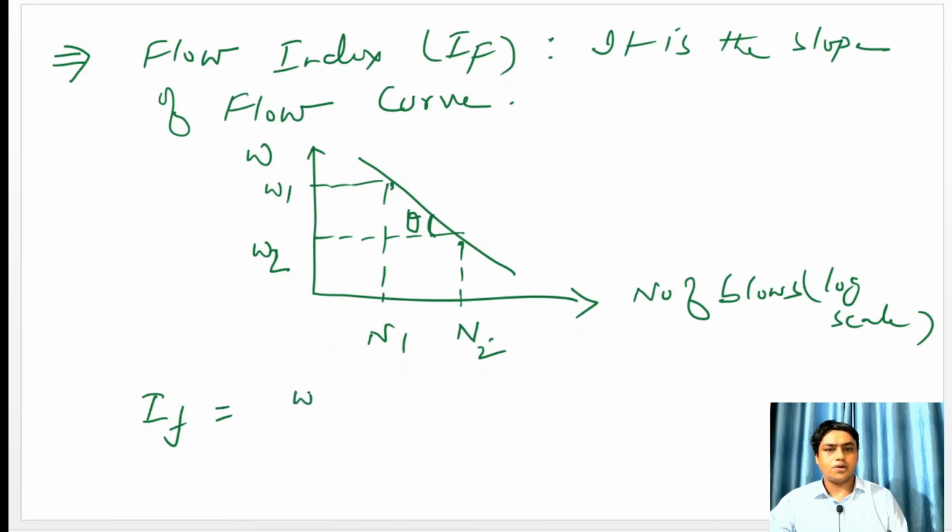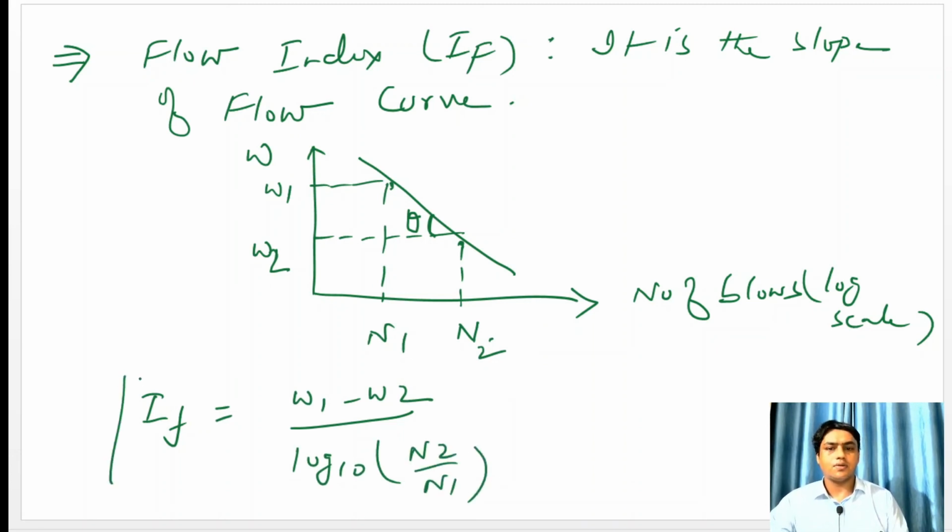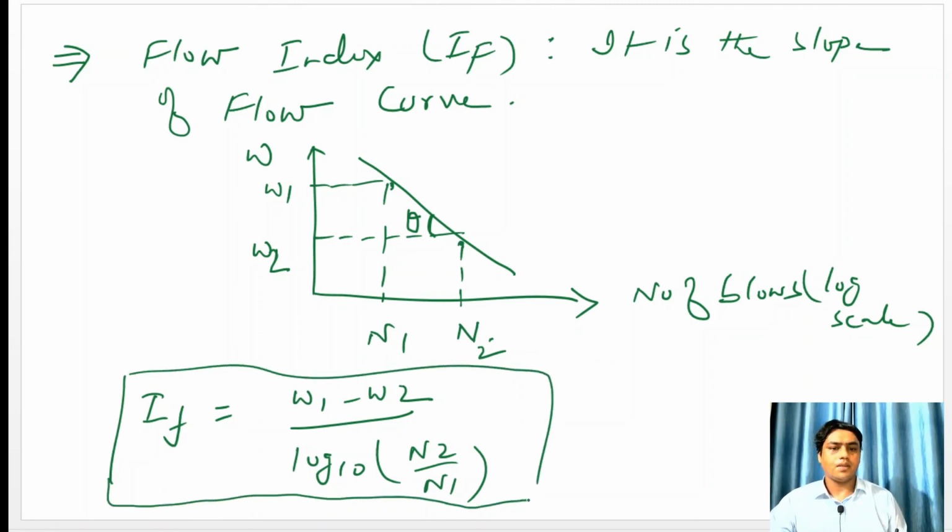So we can write W1 minus W2 divided by log 10 N2 by N1. So this is the value of flow index. Higher the value of flow index, lower will be the shear strength of soil. So tan theta we can write W1 minus W2 divided by log 10 N2 by N1.